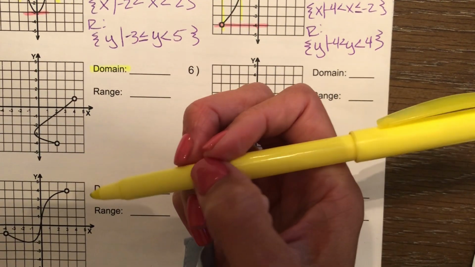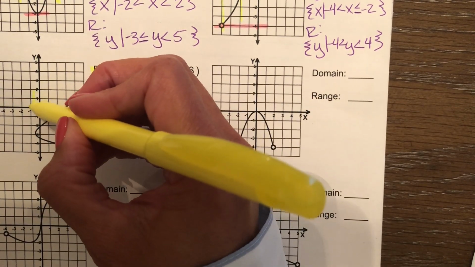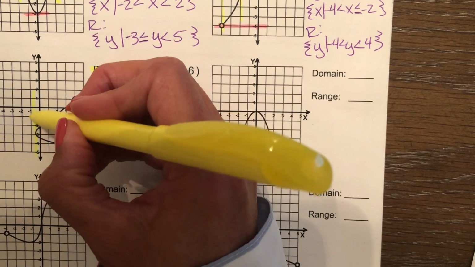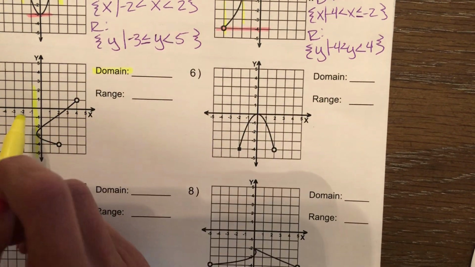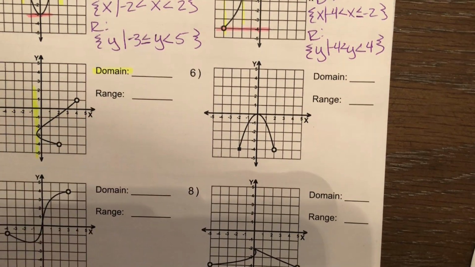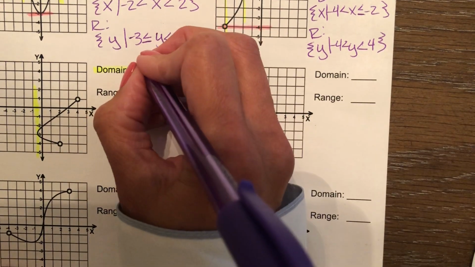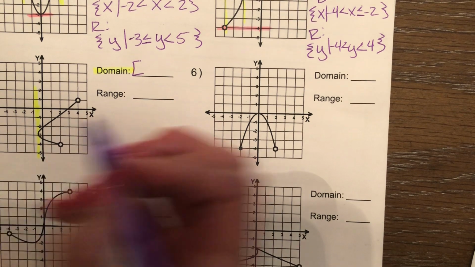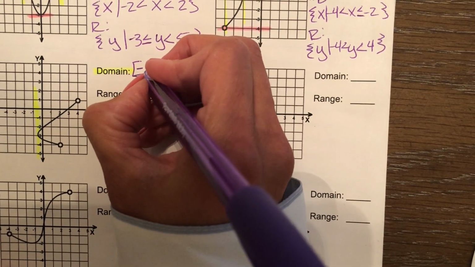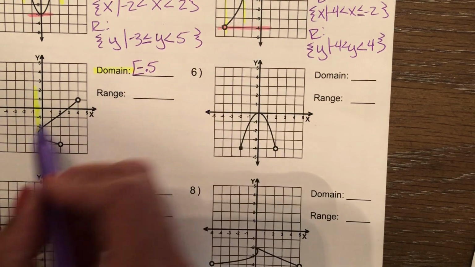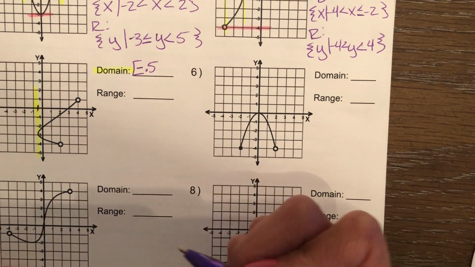Domain. Oh, look at this. That's a tricky one. That goes right in between there. So that's at 1/2 or 0.5, you could say. That's considered closed. So -0.5, right here would be -0.5.